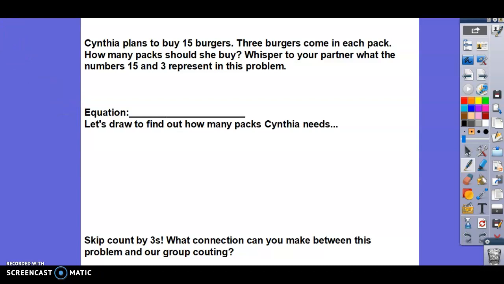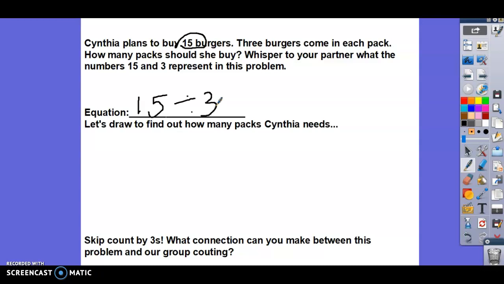Alright, so let's talk about what we know. We know we have 15 burgers. So 15 is my whole. I'm going to divide them into, she's getting 3 burgers in a pack. So she's going to have a group of 3. We don't know how many groups we need.